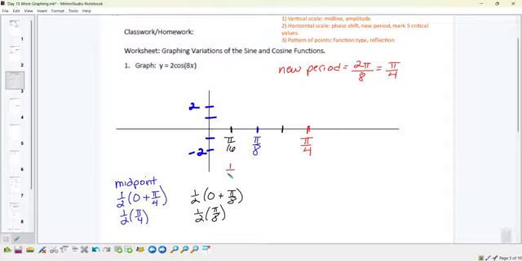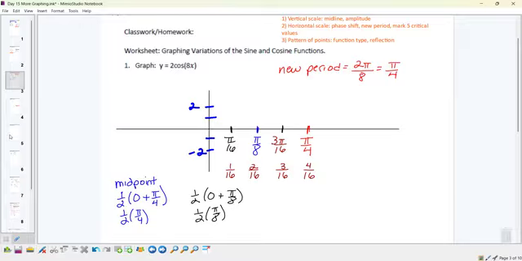So I see I have 1 over 16 pi as my first. Pi over 8 is the same thing as 2 over 16. Then we would have 3 over 16 and then 4 over 16. So the missing midpoint here would be 3 pi over 16. So if you can count your scale, that's a lot easier than finding the middle.